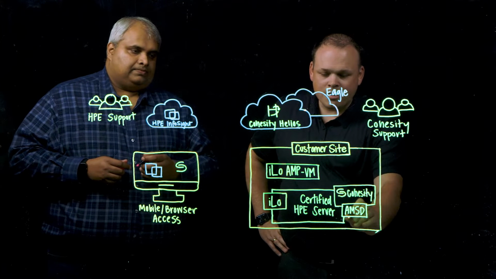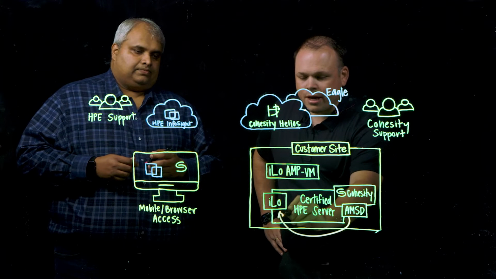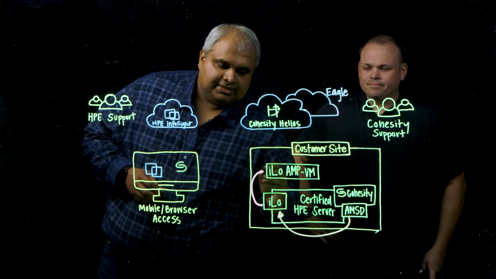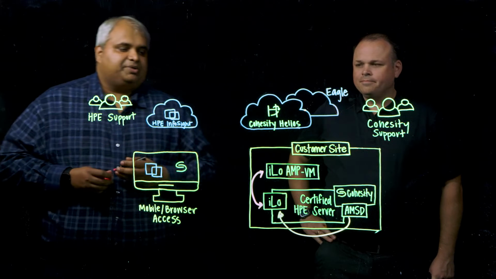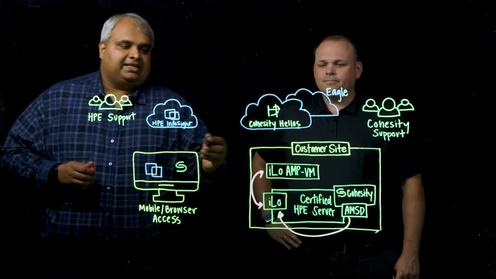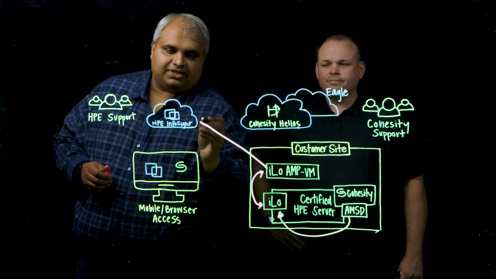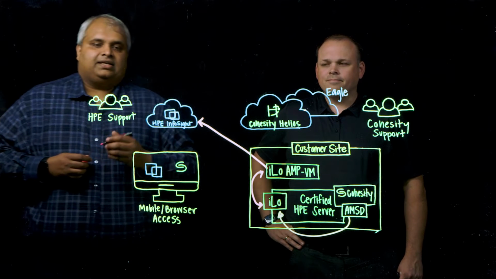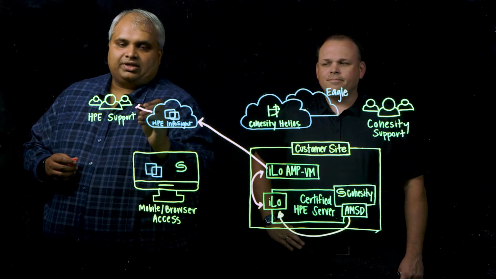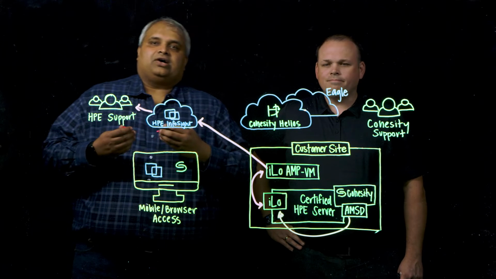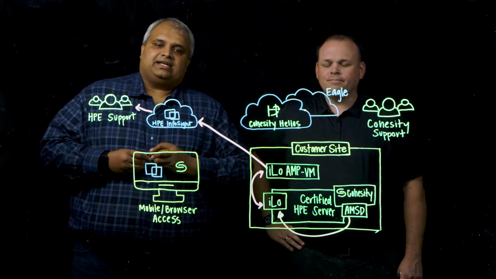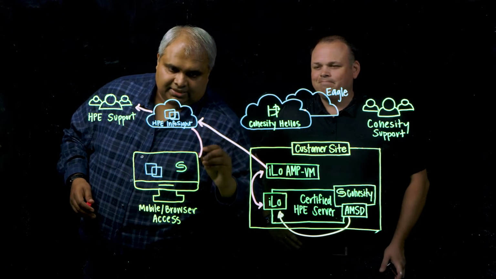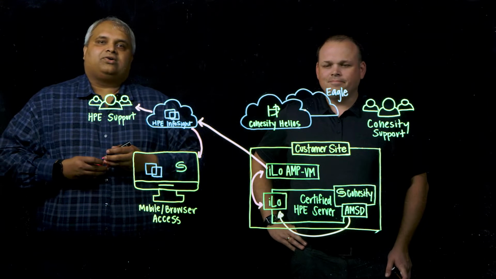This AMSD daemon provides additional information to the ILO. ILO-AM collects performance and health information from multiple servers and sends it to InfoSight. And in the back end, when a case gets created, that information is also relayed to Pointnext support. The auto case creation is currently under development. InfoSight can also be accessed through a mobile or a browser.